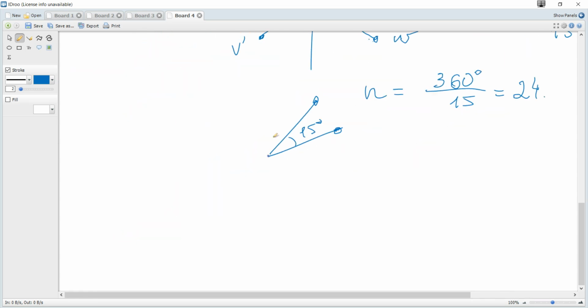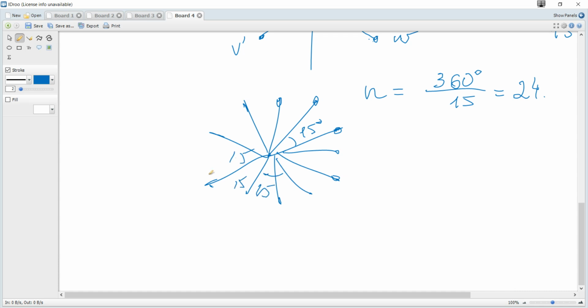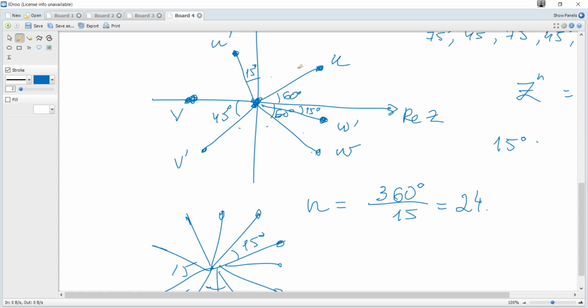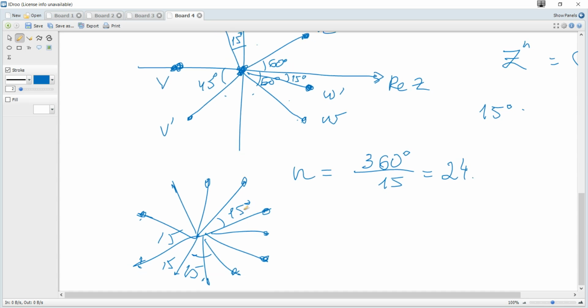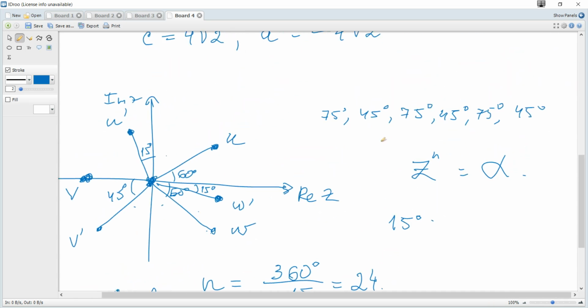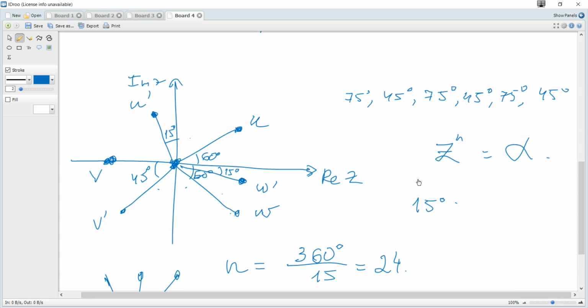So 24 roots all around, one full revolution, and our u primed, v primed, w primed are somewhere here, because they are all multiples of 15.